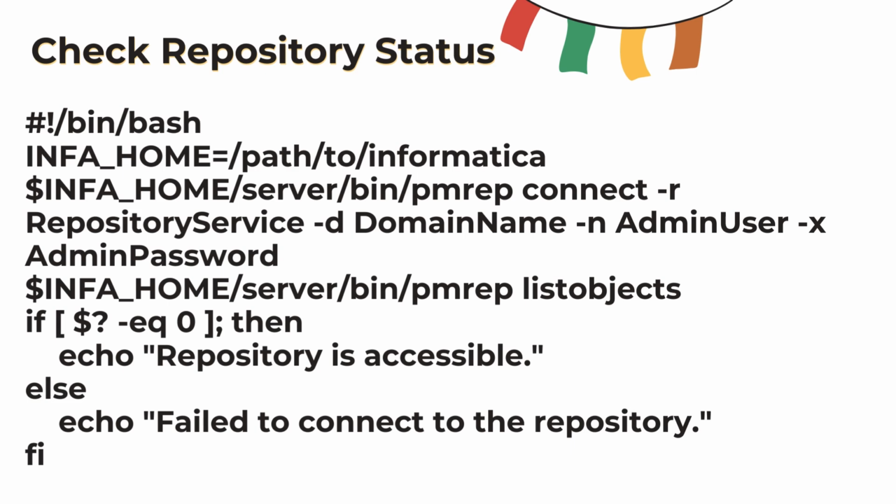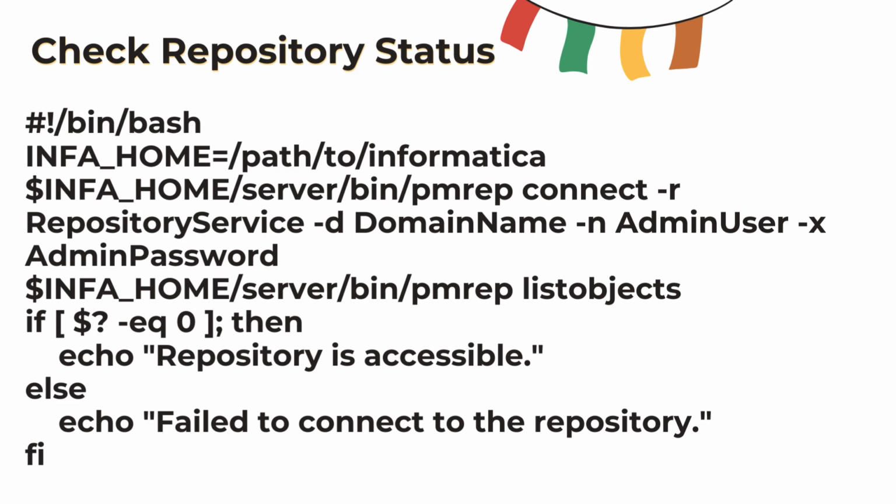So first we take the Informatica home and set it to the path where the Informatica is installed. Then we use the pmrep connect command to connect to the repository services with the domain details, admin user and admin password details. And then we run the command pmrep listobjects.